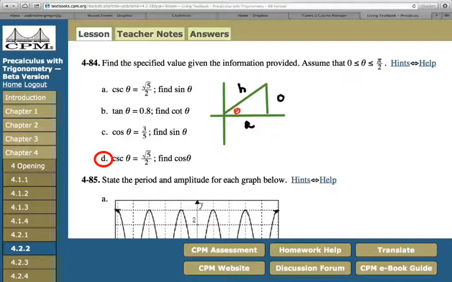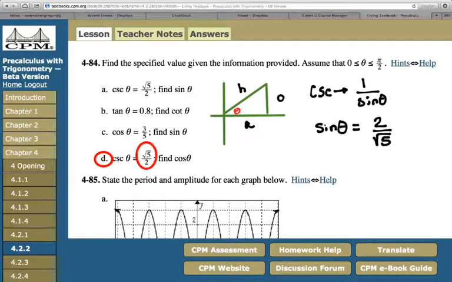Cosecant is related to 1 over sine, so we can find the reciprocal here. Sine of theta will equal 2 over radical 5, the reciprocal of the cosecant. Sine is opposite over hypotenuse, so the opposite side will be 2 and our hypotenuse will be rad 5.